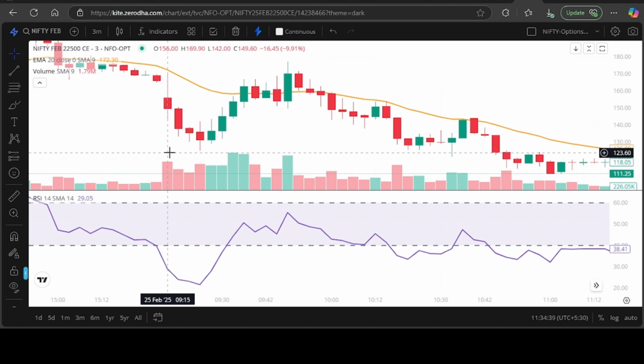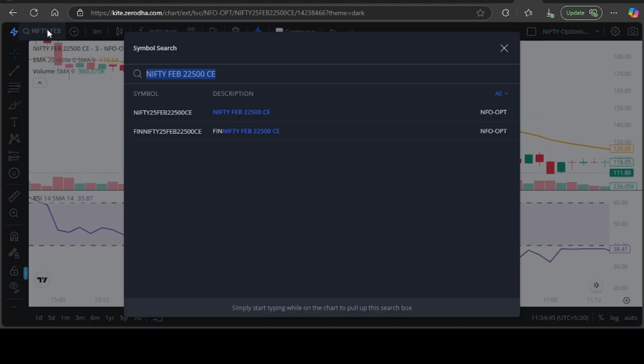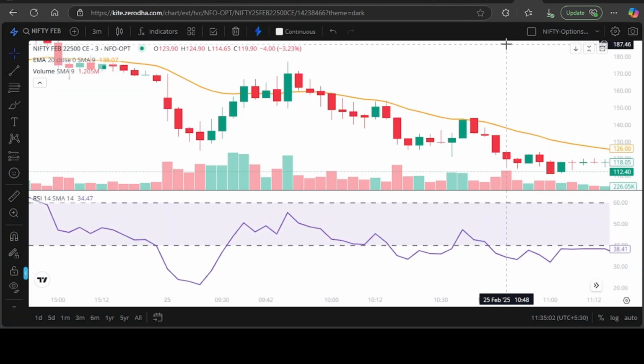So here let's look at the 9:15 candle on a 3-minute time frame, and this is Nifty 22,500 call option. Why 22,500 call option? Because the market started today near this price, and hence I have taken the nearest strike price in the option.